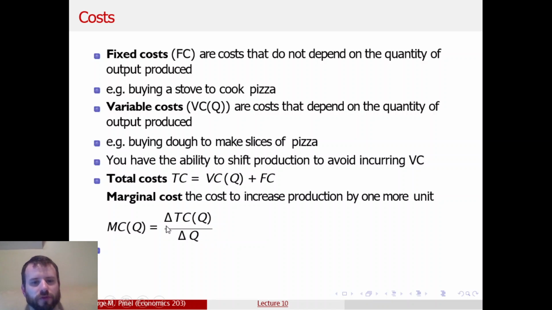But let's say you increase your quantity by 1, so your variable cost goes up by some number. So your marginal cost will be TC2 minus TC1 divided by 2 minus 1.